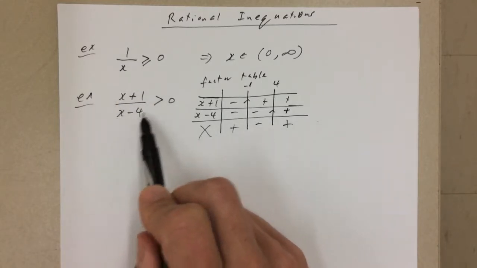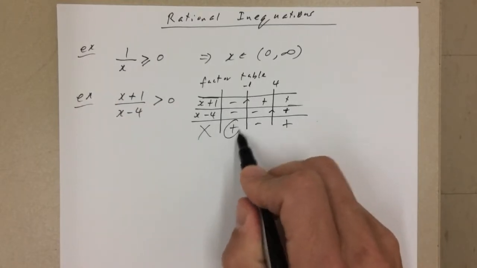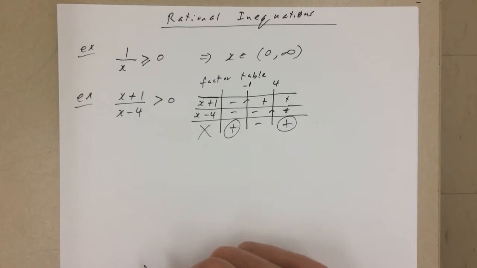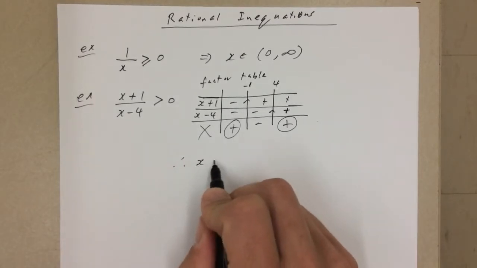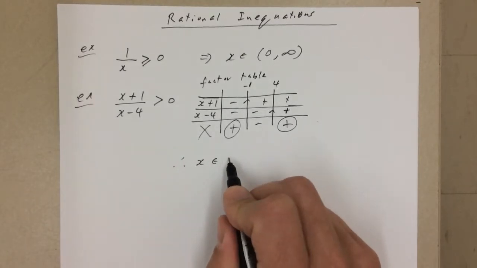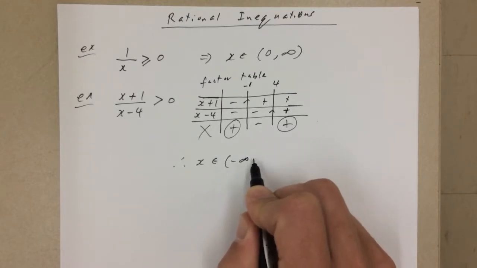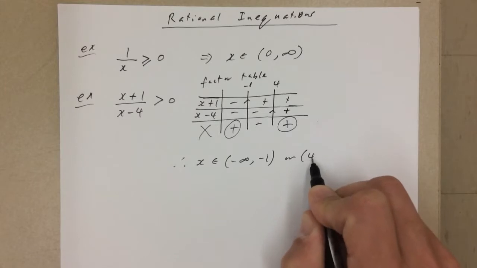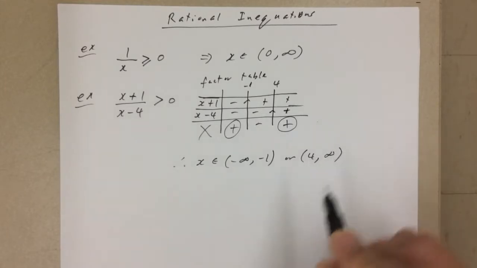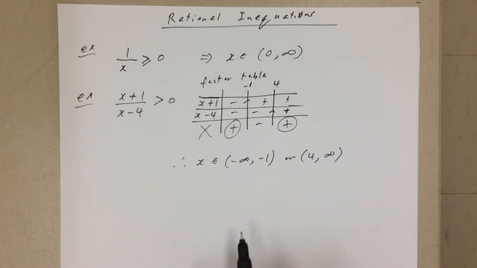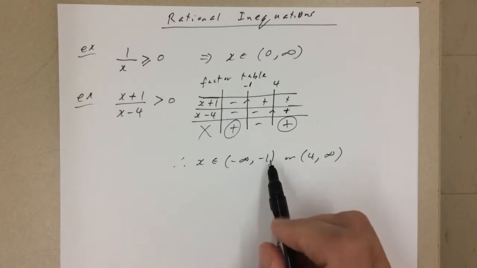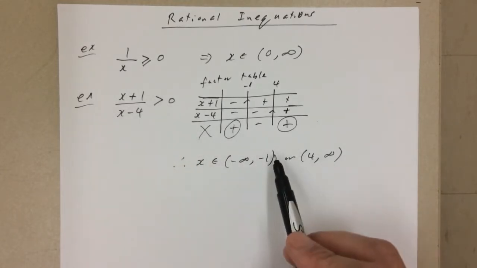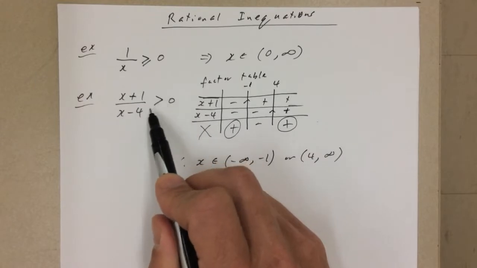And we're wanting to know when this thing is positive. So it's here and here. And therefore, x is contained in the set from -infinity to -1, or 4 to infinity. Okay? Not including 4, -1, because of the greater than 0.